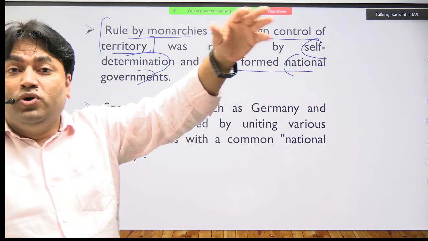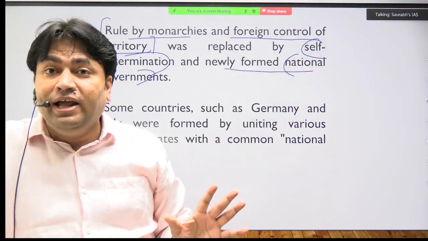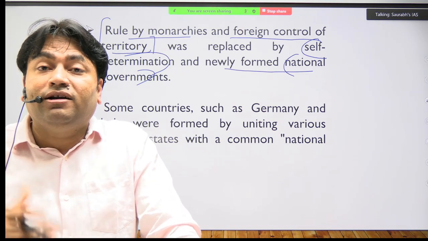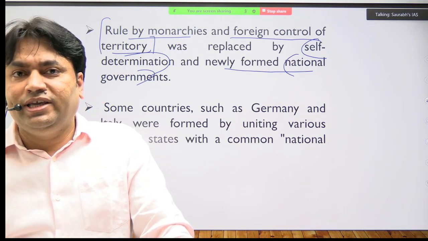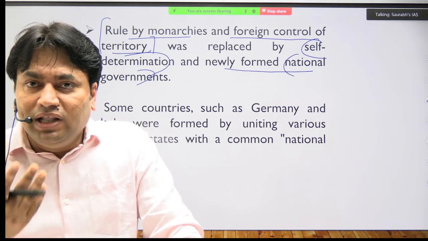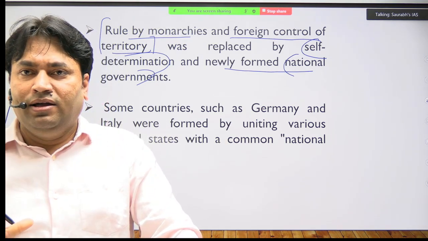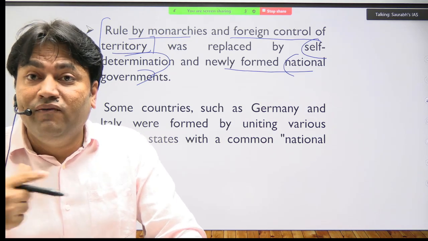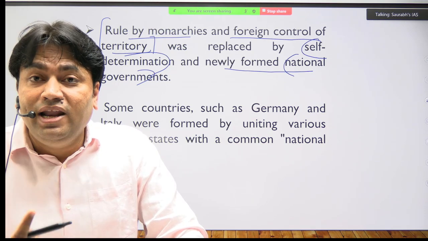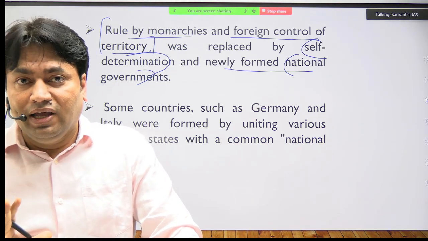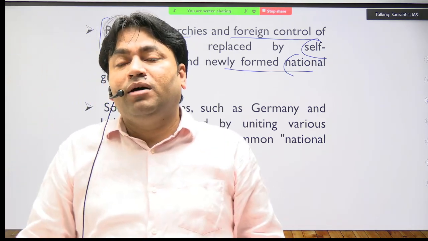Bourbon dynasty rule, Habsburg dynasty rule, Austrian rulers rule will be ended, and the people will get their right of self determination acknowledged. क्या है self determination? मतलब हमें हमारे जीवन के बारे में निर्णय लेने का पूरा अधिकार है. Self determination. We are the person who are responsible for determining about our future. ठीक है? About our culture. ठीक है? तो सेल्फ डिटर्मिनेशन का आइडिया प्रमोट होगा.